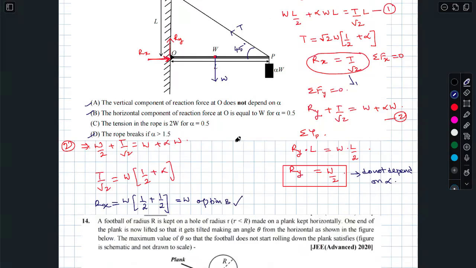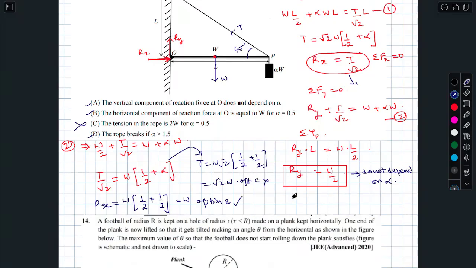The tension in the rope is 2W for alpha is equal to 0.5. Now use T is W root 2 times 1 by 2 plus 1 by 2, which is nothing but root 2 W. So C is wrong.